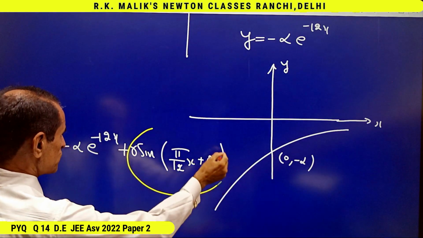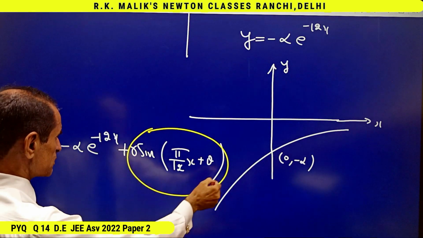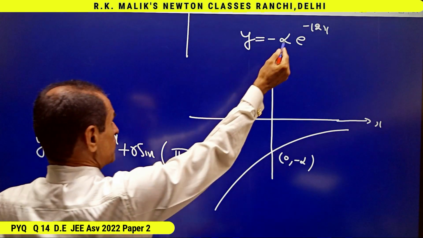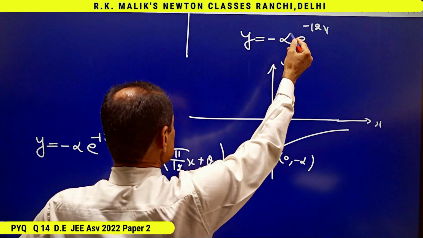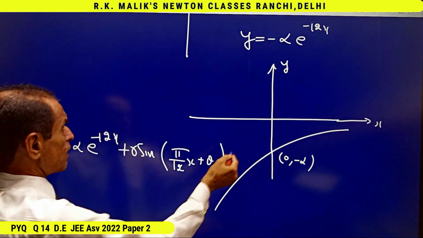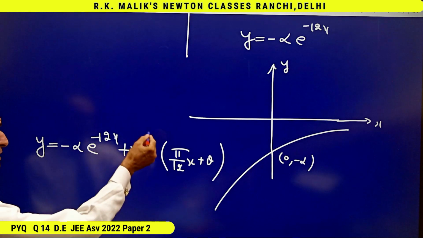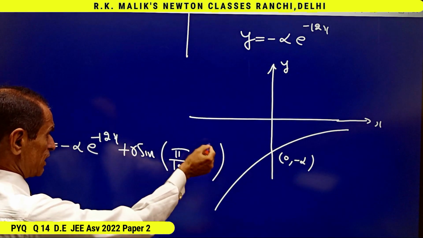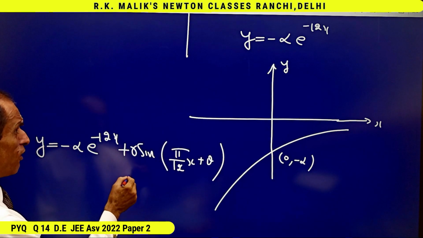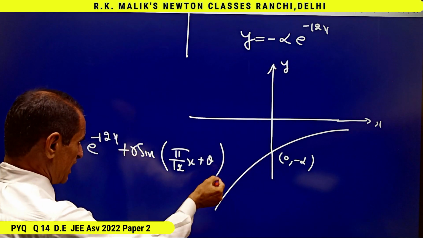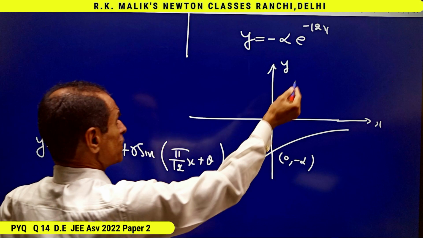Because the maximum value of this is r and the minimum value of this is minus r, hence the graph of this will be sometimes above the graph of this and sometimes below the graph of this, depends upon whether this is positive or negative. If it is positive, the graph of this will be above the graph of this. If it is negative, it will be below.